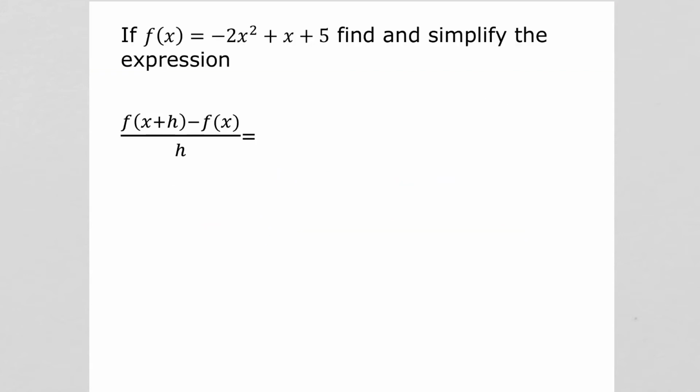Now we want to find the difference quotient, which is f of x plus h, which we've already found, minus f of x, over h.